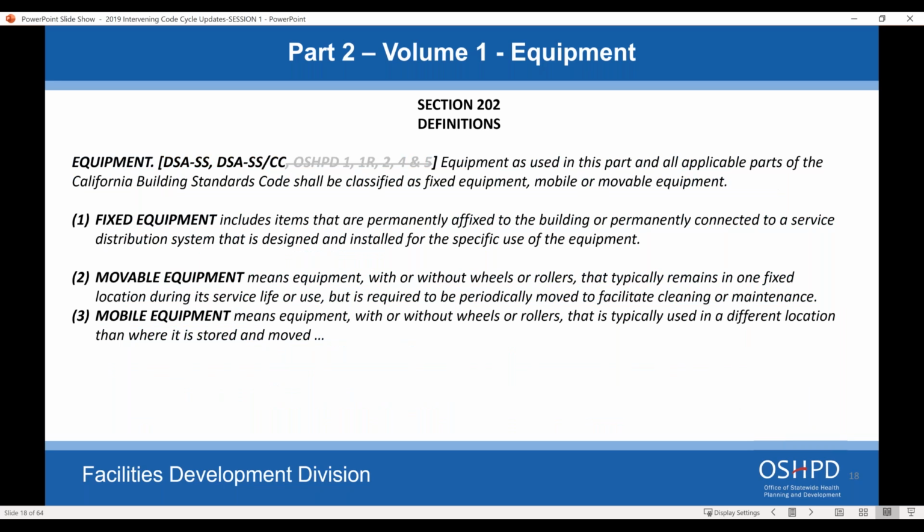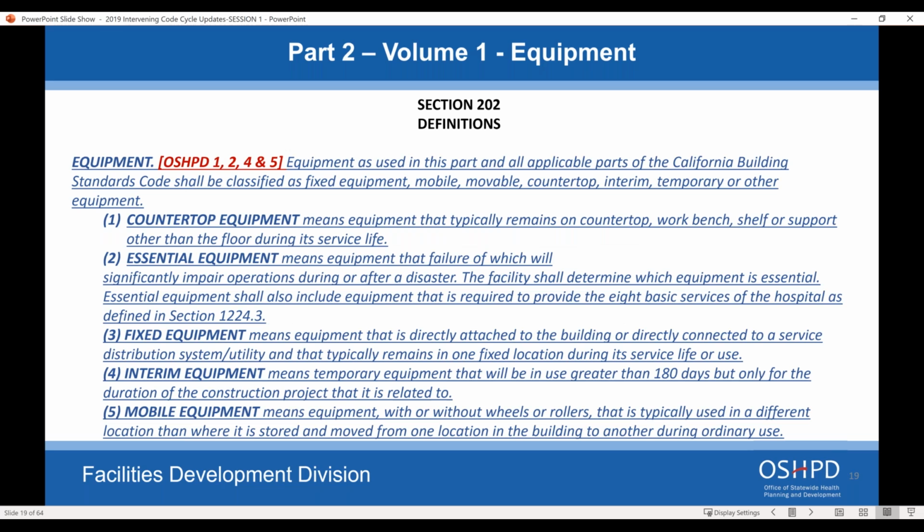Right now under the equipment definition of fixed equipment, movable and mobile equipment, OSHPD had a banner. We are removing the banner from this. This would apply to OSHPD 3 buildings and anything that's non-OSHPD. But what we are doing is adding new definitions that are very similar but expanded on for equipment.